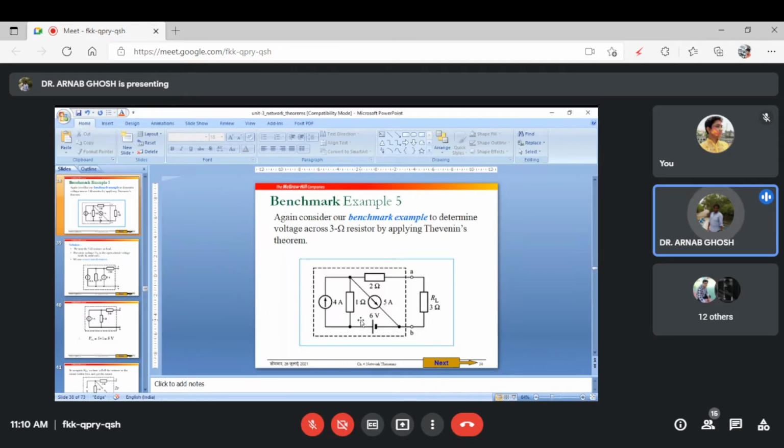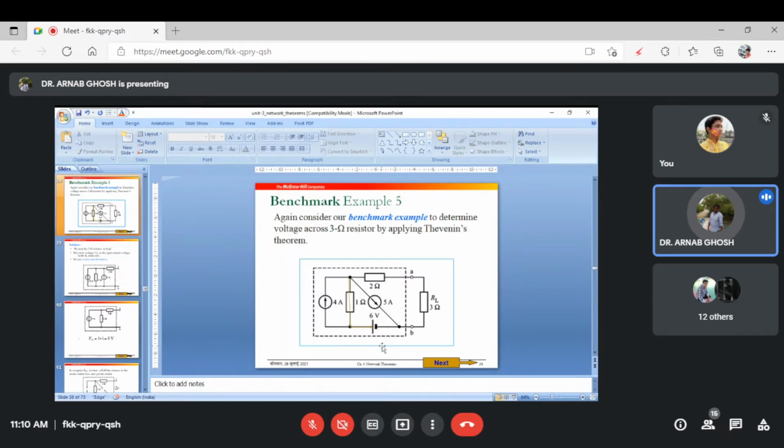So what happens in source transformation? A voltage having a resistance in series is converted into a current with the resistance in parallel, right? So just consider this branch, the 6 volt and this 1 ohm. Just these two.